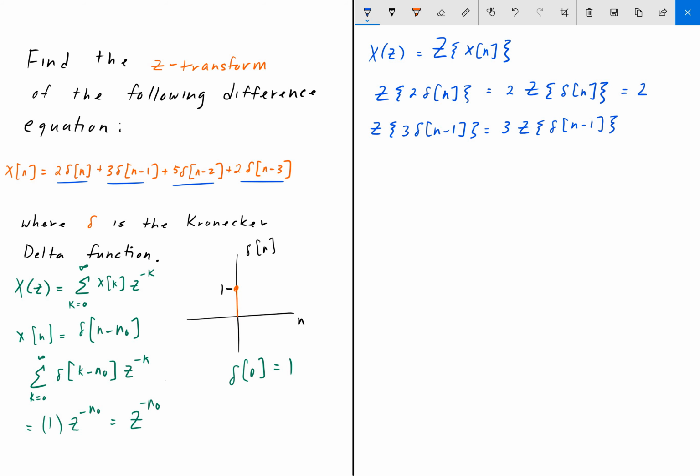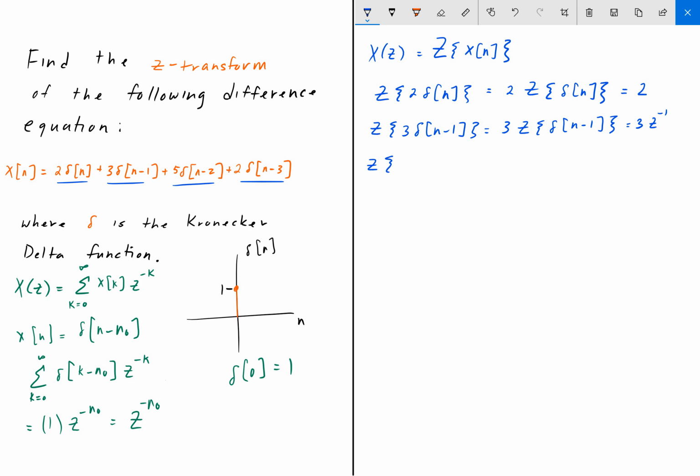We can go back to our problem here, and knowing this property, we know that this is 3 times, now shifted by 1, z to the minus 1. And now we can solve the rest of them.